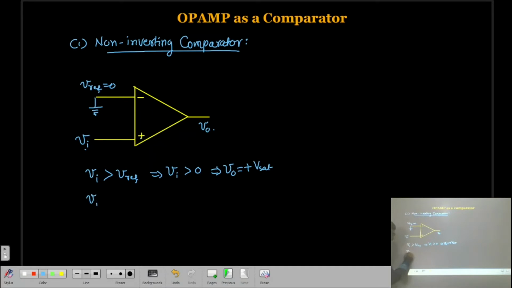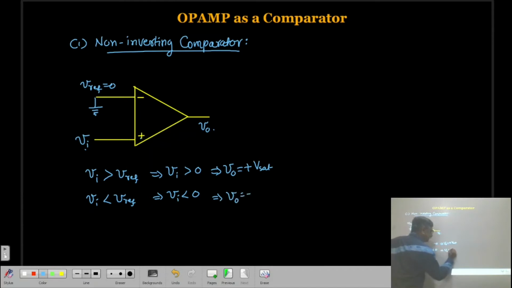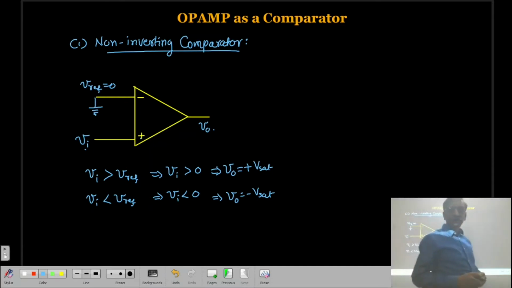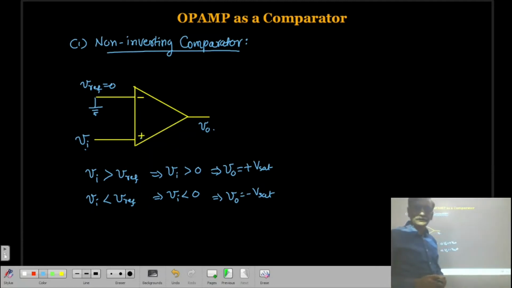When this input voltage is less than the reference voltage, means the input voltage is negative, then in that case the output will also be negative. It will be in a minus V saturation. So here if we draw a graph between the input and output, that is known as the transfer characteristics of the comparator. Remember.